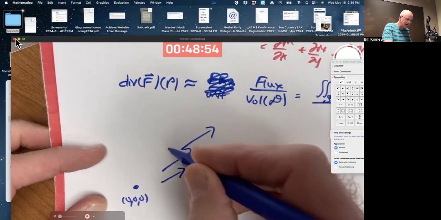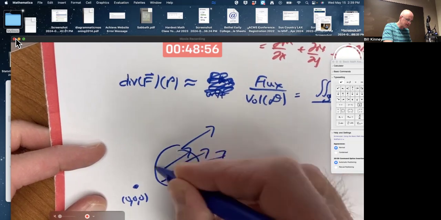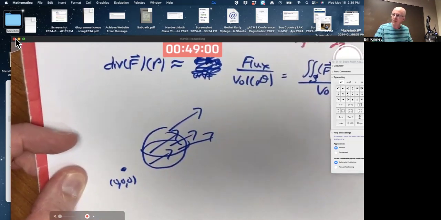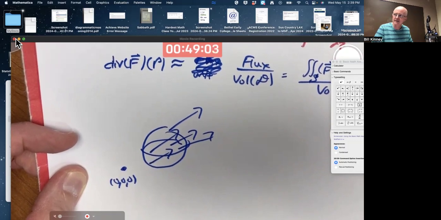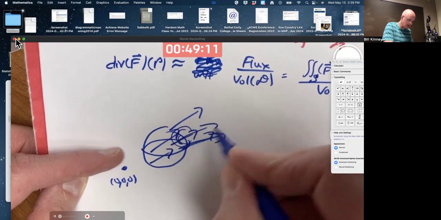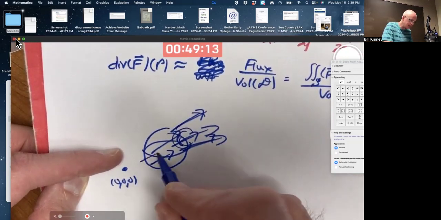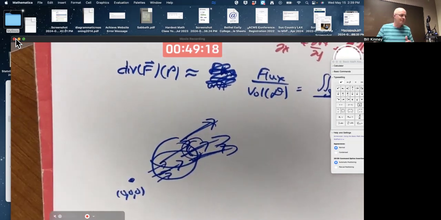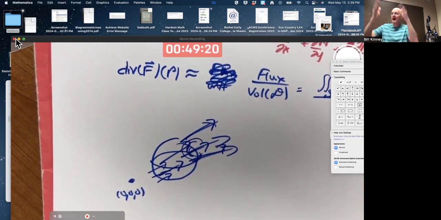But I'm thinking about these vectors in the vector field along some sphere not centered at the origin. Why is the flux still positive here, as it has to be because of the divergence theorem? It's because the vectors on this side of the sphere are longer than the vectors on this side of the sphere. And that's why more water's flowing out per unit time than is flowing in.